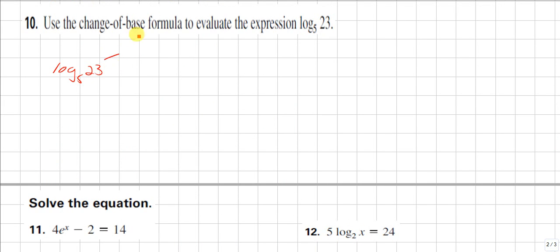I could evaluate it like this, the ln of 23 all over the ln of 5, or like this, log of 23 over log 5. Either way, let me put that in the calculator. What I got when I entered those in the calculator would be 1.948.